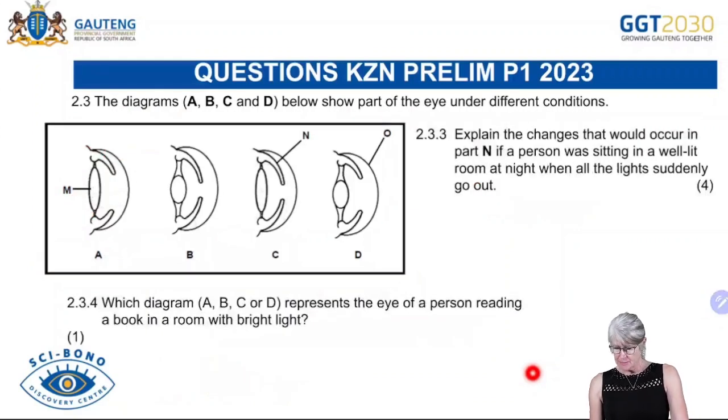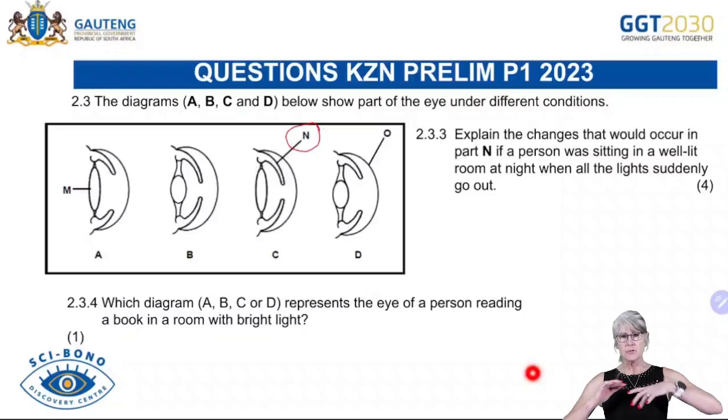Here they say, explain the changes that would occur in part N. Now they're asking us about part N, which we labeled as the iris. Suppose a person is sitting in a well-lit room, so there's lots of light, but at night, and then suddenly all the lights go out.